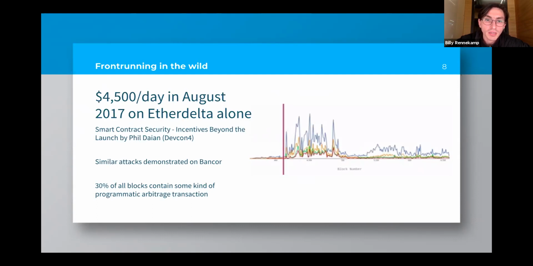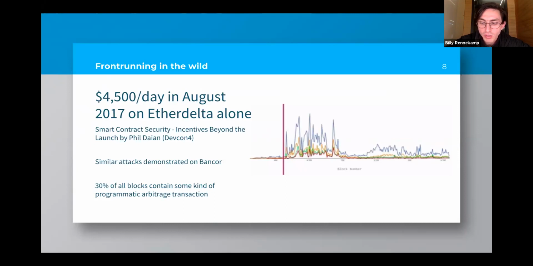Then they started tracking what they call programmatic arbitrage transactions, which are transactions you can identify as made by a bot based on some sort of logic, the same logic utilized for a front-running event. After the article, the number of these transactions just skyrocketed. That's the noise to the right of the line. So this is a very real problem and a very real threat. They estimated that 30% of all blocks contain some kind of programmatic arbitrage transaction.